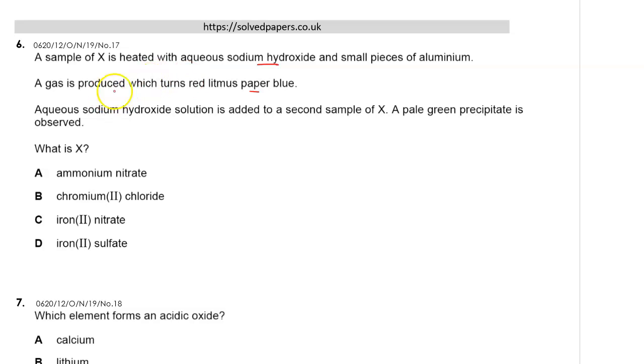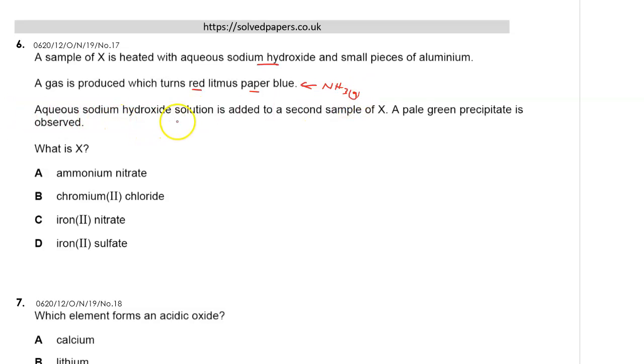The only gas that turns red litmus blue is ammonia. Ammonia is the only basic gas that is common in our laboratories. So when you see a gas turning red litmus blue, you should understand that gas is ammonia gas.